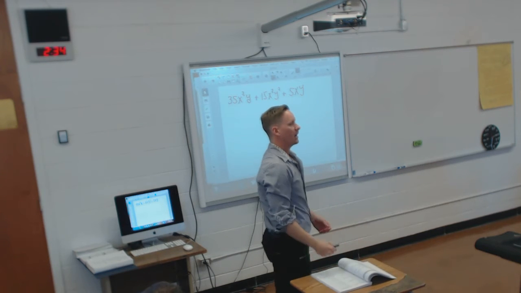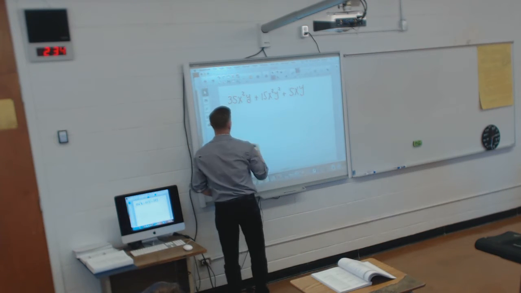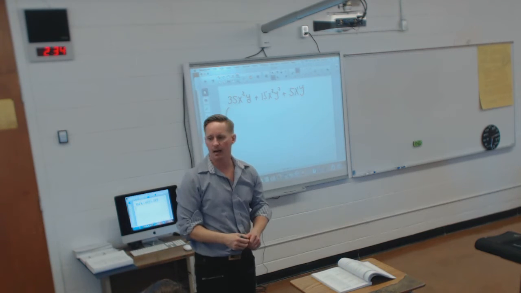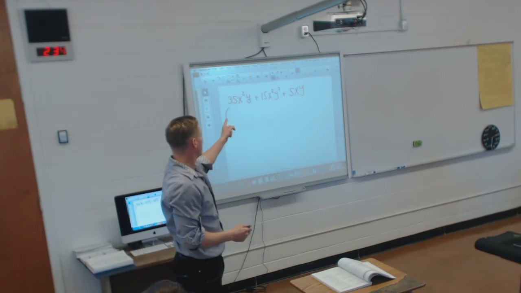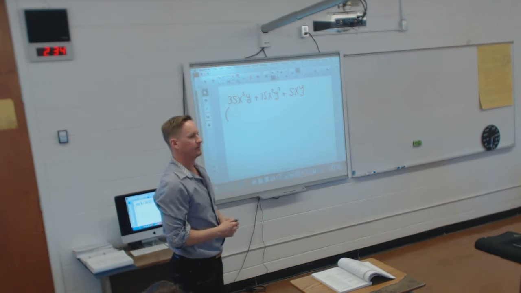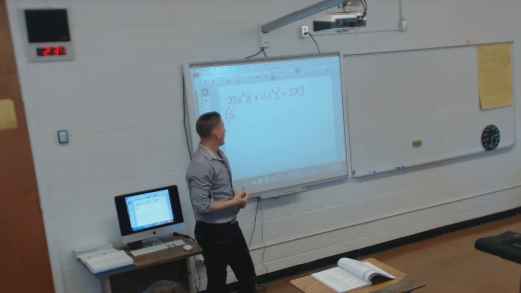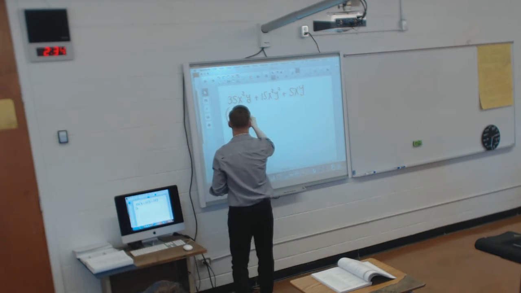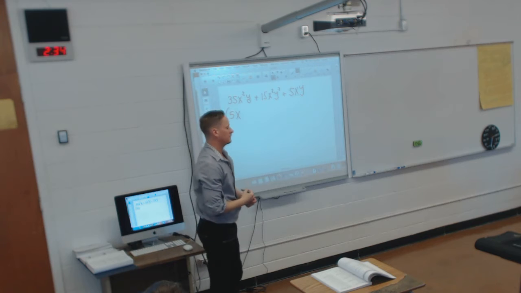I need the greatest common factor. Starting with the coefficients, that's the numbers. We call those coefficients. What's the largest number that goes into 35, 15, and 5? 5. X squared, and x. What x? Y squared, and y. Y.